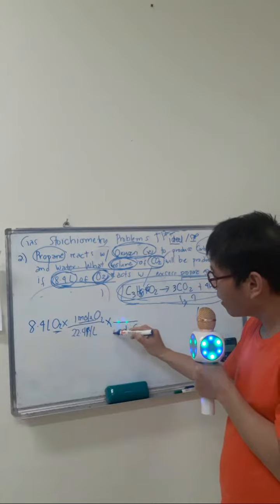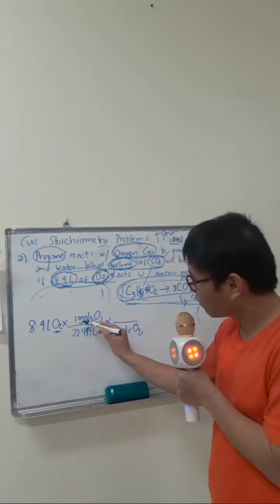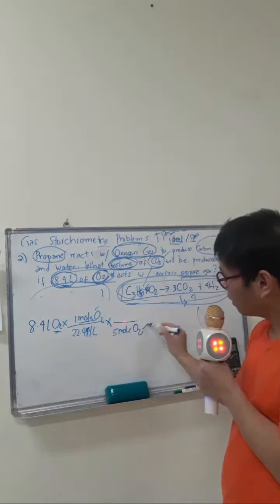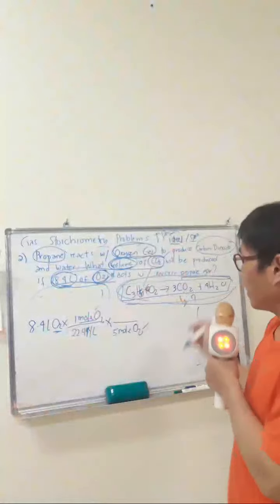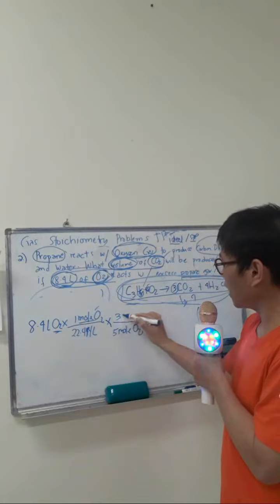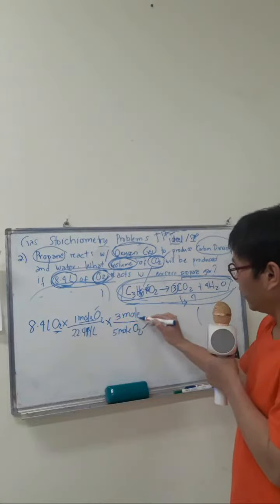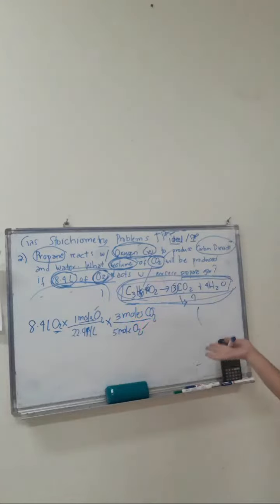Again, 5 moles of oxygen gas, so that you will cancel this mole of oxygen gas. And then the CO2 will appear. CO2, 3 moles of carbon dioxide. Now, will you stop here or not yet?